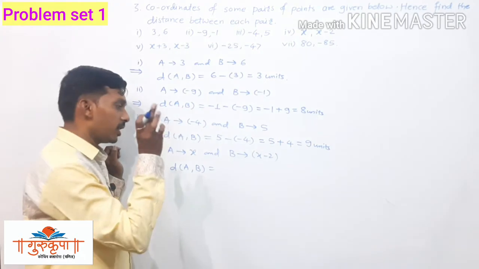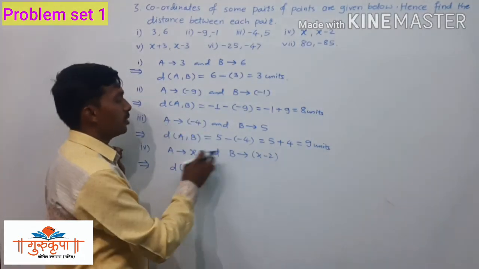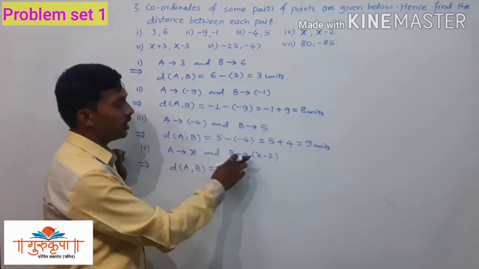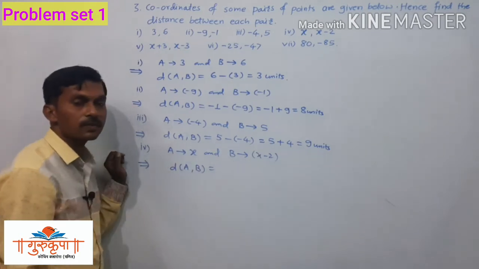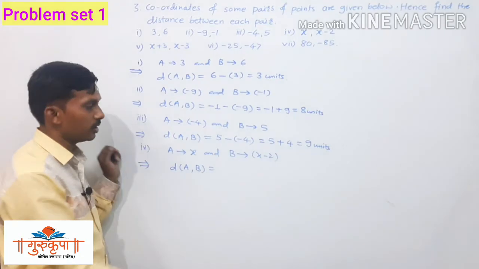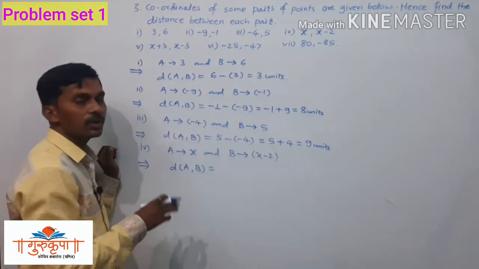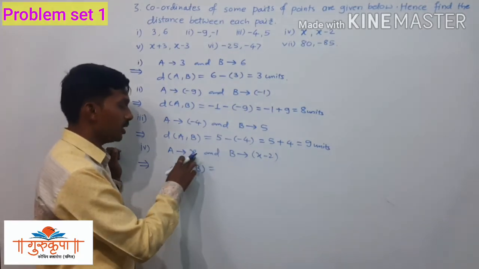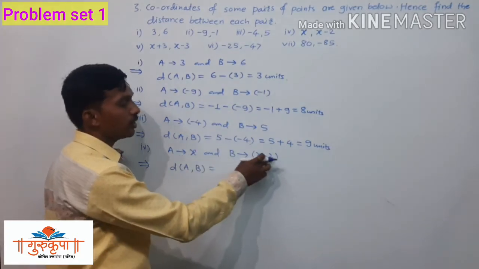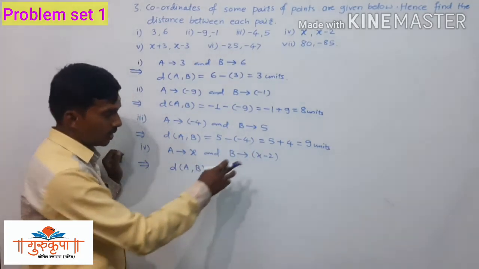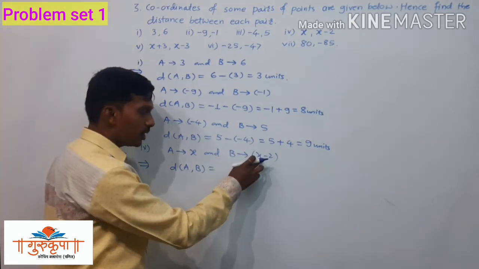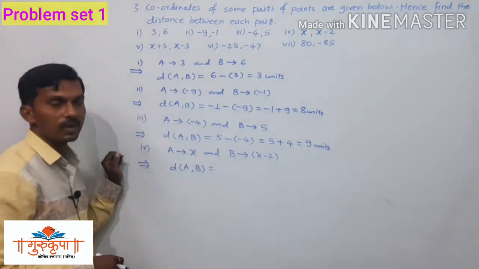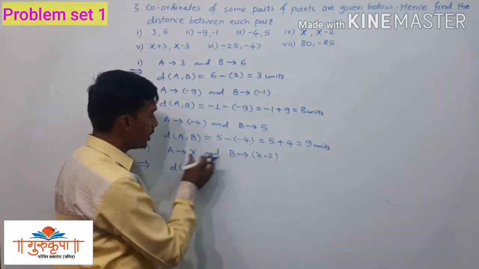If you take any constant value in place of x, suppose we take 10, so here 10 and here 10 minus 2, that is 8. So this is the smaller one and this is the bigger one. If we take 4 in place of x, here 4 and here 4 minus 2, that is 2. Since the coordinate of point B is always less by 2 than the coordinate of point A, this is always smaller and this is bigger.